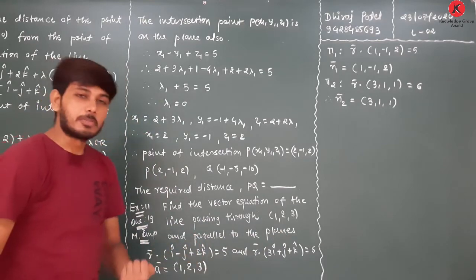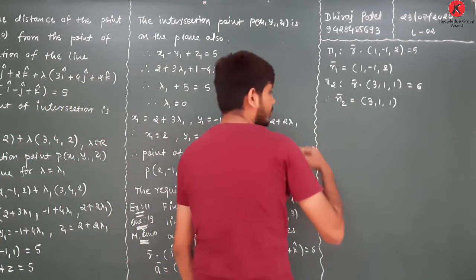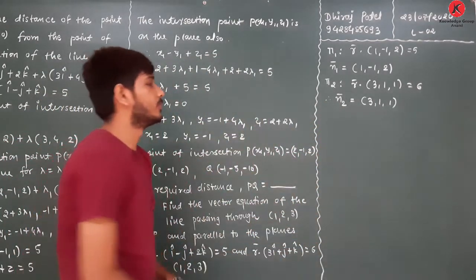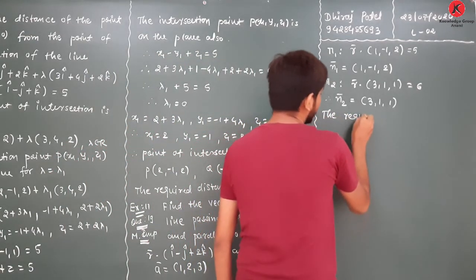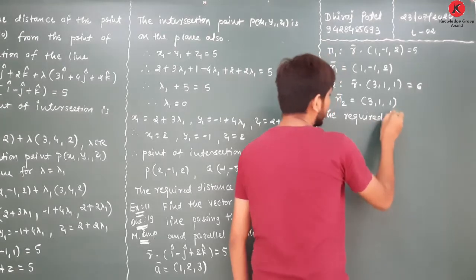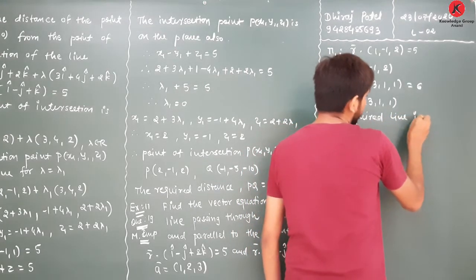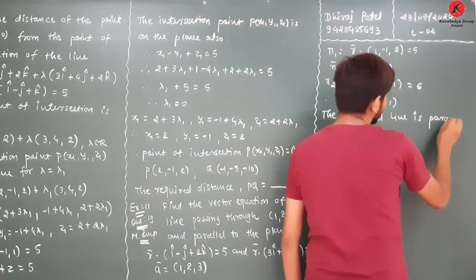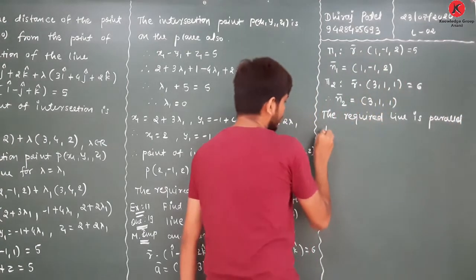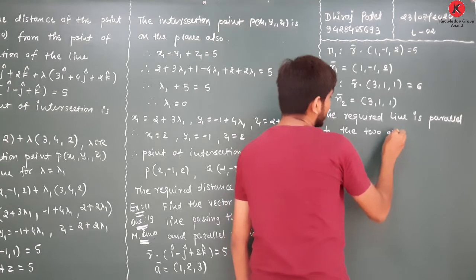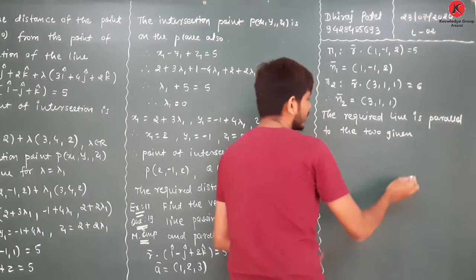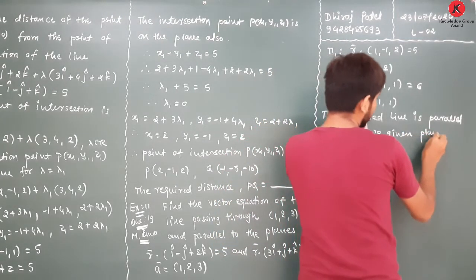statement માં શું છે? આ બંને પ્લેન ને લાઈન આપણી કેવી છે? પેરેલલ છે, તો એને પછી પરપેન્ડિક્યુલર ના ફોર્મમાં પછી લખીએ. The required line is parallel to the two given planes. હવે બે પ્લેન ના ઇક્વેશન ના લખવા હોય તો આવું લખી દો: to the two given planes.